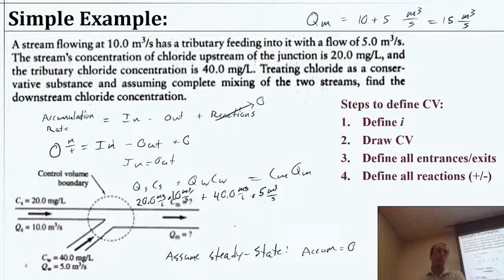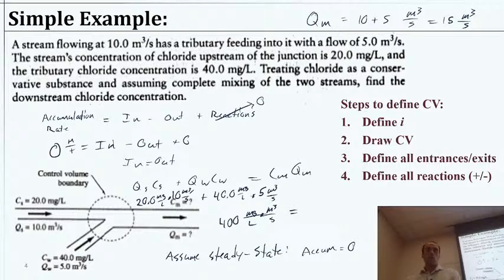Those are the inputs, and if you do that, you will end up with 400 because 20 times 10 is 200, and 40 times 5 is also 200. Add them together. I just took a shortcut to add them all together to say 400 milligrams per liter times cubic meters per second. So that's on the left side of the equation.